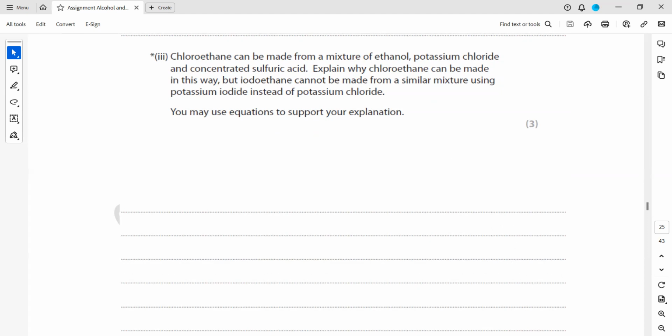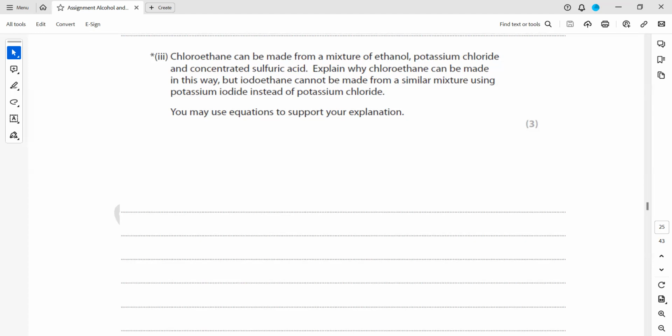When hydrogen halides are formed, hydrogen chloride cannot reduce sulfuric acid because chloride is not a good reducing agent. It will not reduce the sulfur +6 to a lower oxidation number. But in the case of iodide, it is a good reducing agent, and it will reduce the sulfur to a lower oxidation number, producing sulfur dioxide, hydrogen sulfide, and sulfur.